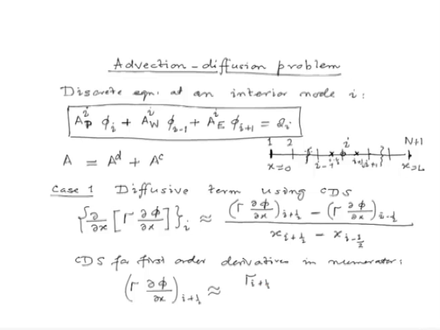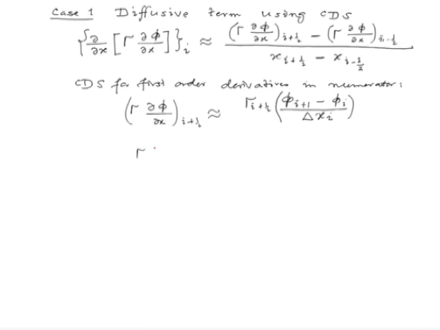Gamma I plus half, phi of I plus 1 minus phi I, and let me revert back to delta notation, divided by delta x I. Similarly, del phi by del x at I minus half can be approximated as gamma I minus half, phi of I minus phi of I minus 1, divided by delta x I minus 1. Okay.